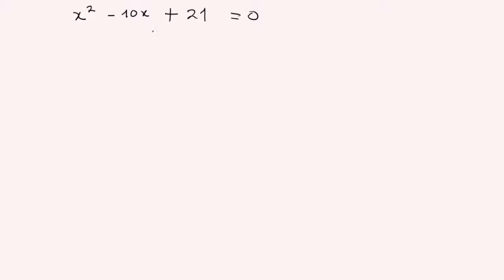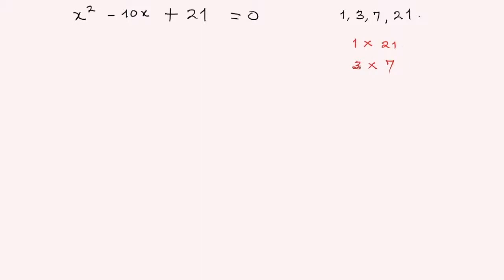The first thing we do is write down the factors of the final term, 21. The factors of 21 are 1, 3, 7, and 21. What two numbers can we multiply to get 21? We can have 1 multiplied by 21, or 3 multiplied by 7.